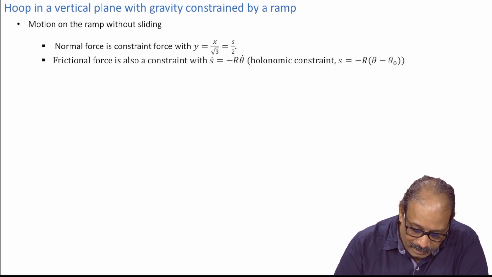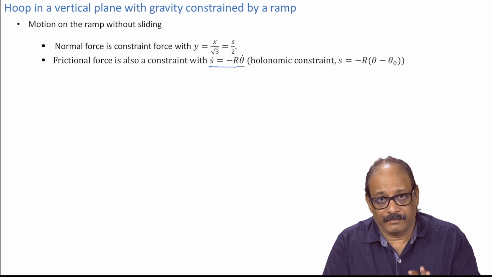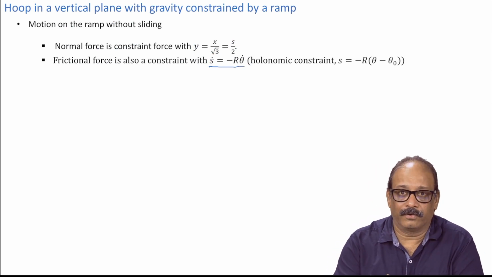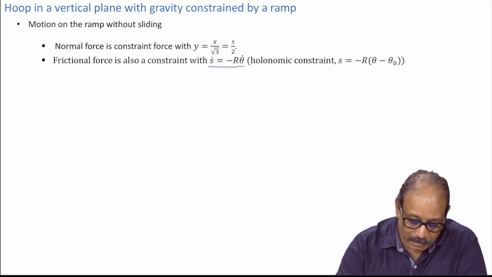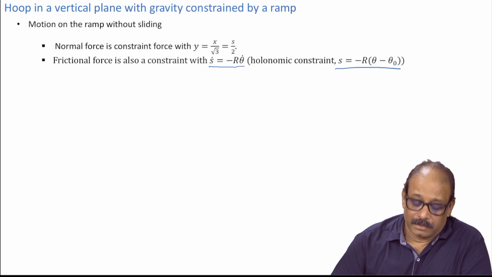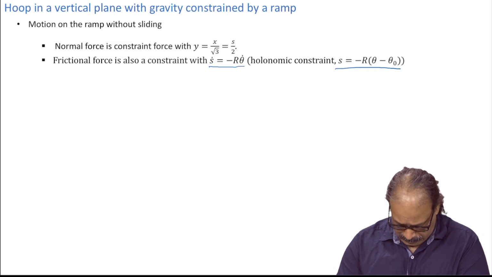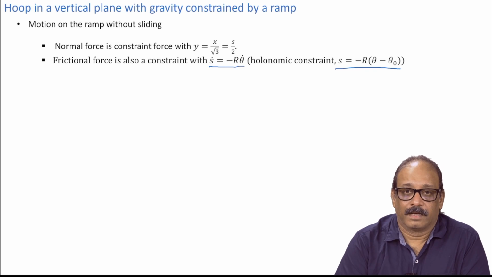Now, I can of course think of this as a non-holonomic constraint. I will do that in a moment, but before that, let me treat this as a holonomic constraint, because I know I can integrate this and I will get an equation like this.